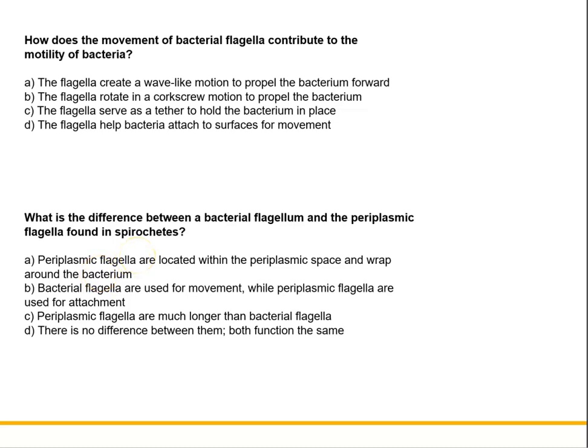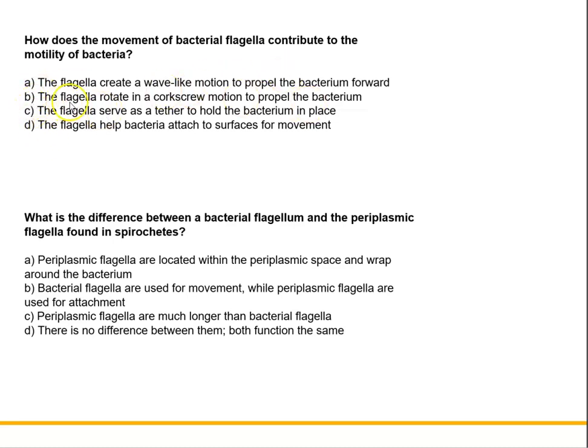How does the movement of bacterial flagella contribute to the motility of bacteria? Well, remember that flagella are going to rotate in either a clockwise or a counterclockwise direction in order to propel the bacterium.